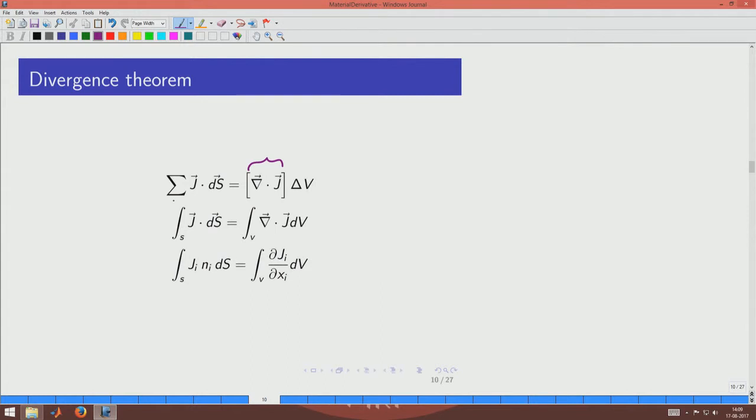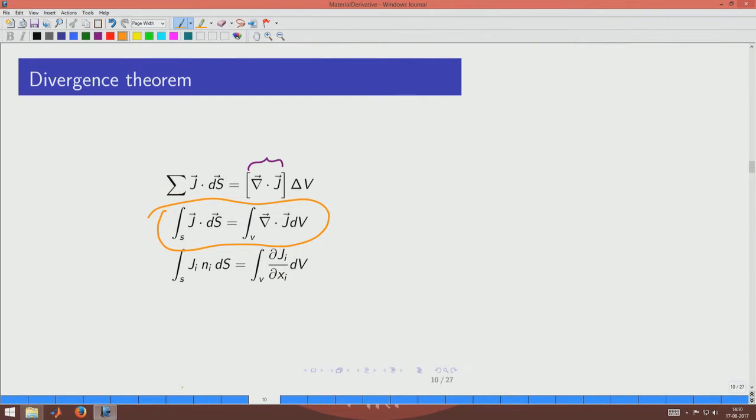Now, the summation, if you are going to do it for the smallest possible control volume, and also not restricted to the cube shape, then you could write it as an integral, and therefore convert the sigma to an integral, and on the right hand side you could do the same thing as an integral with respect to the volume. So, we now have this coming up directly, and what we have actually written is nothing but the divergence theorem.